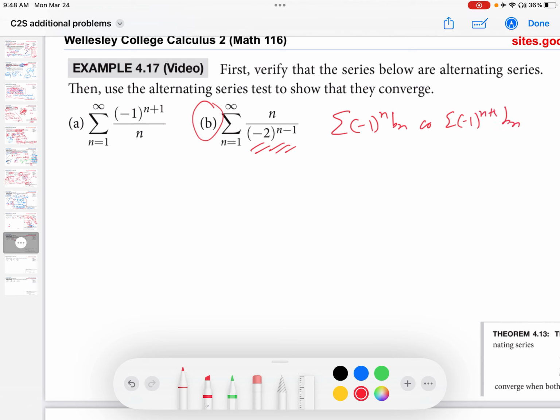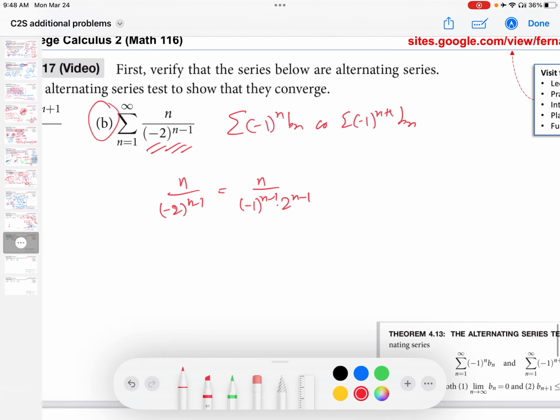Well, here are a few things you could do. You could say, hey, I see a minus 2 to the n minus 1 here. And that's the same thing as minus 1 to the n minus 1 times 2 to the n minus 1. How do I know that? Well, remember that if I have a times b raised to some power n, that's a to the n times b to the n.